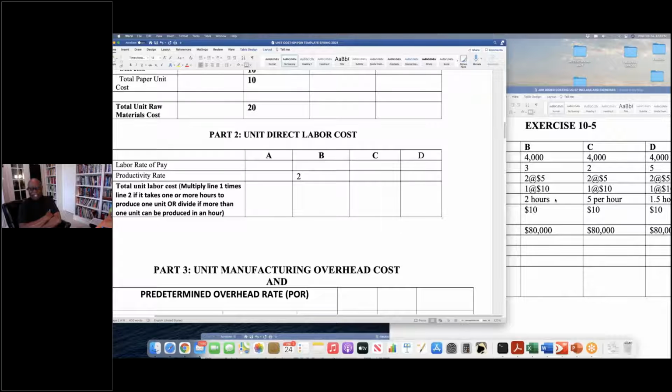It will be one book for 2 hours then. I was confused. I didn't know if it was 2 hours or two per hour.